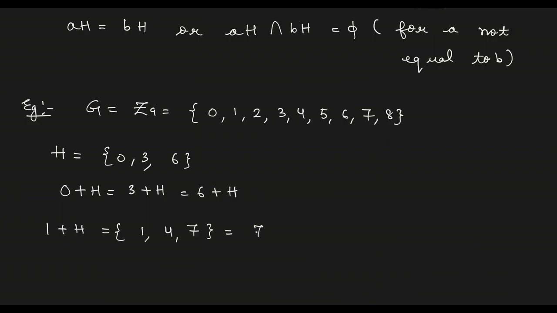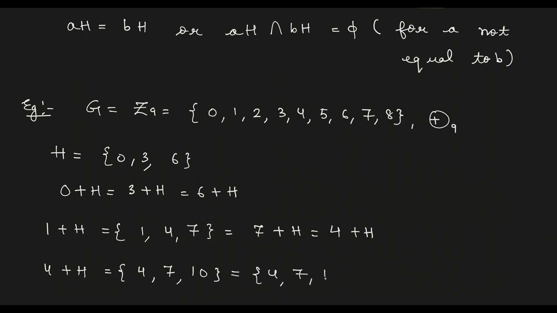So this will be 7 plus H. Also it will be equal to 4 plus H, because if I calculate 4 plus H, then it is 4, 7, 10, and addition modulo 9, so remainders will be 4, 7, 1.